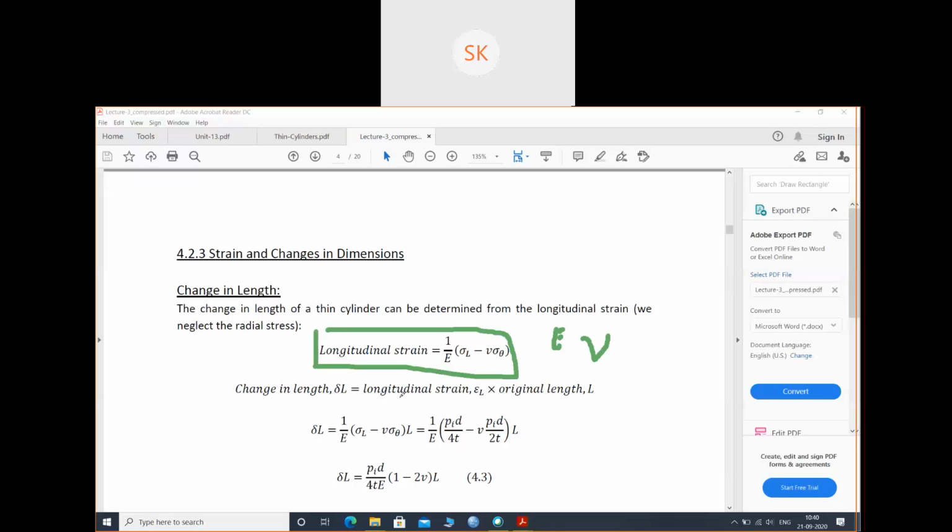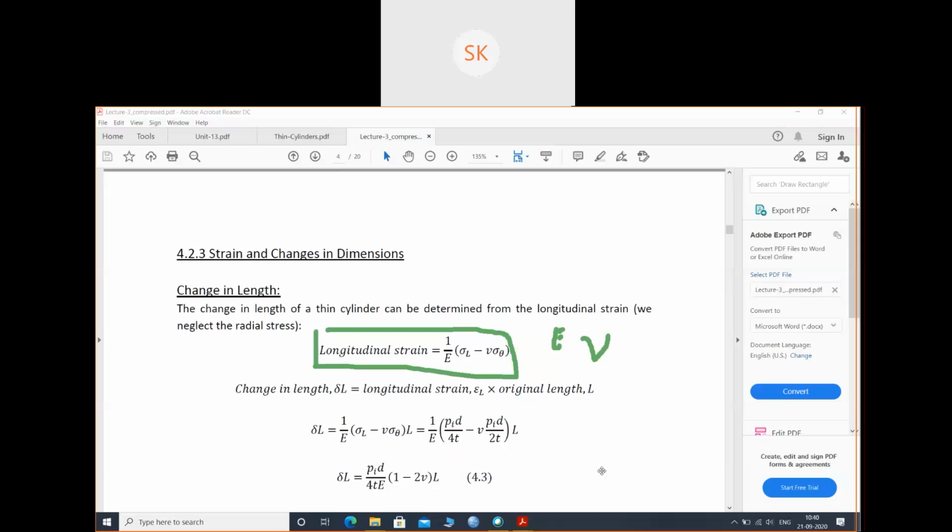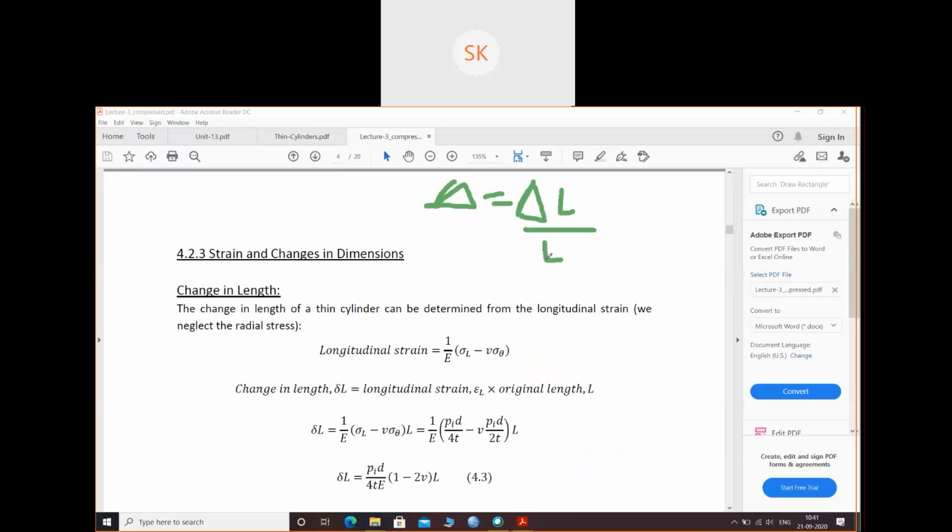Now for the change in length, del L, we know that strain is nothing but change in length by original length.